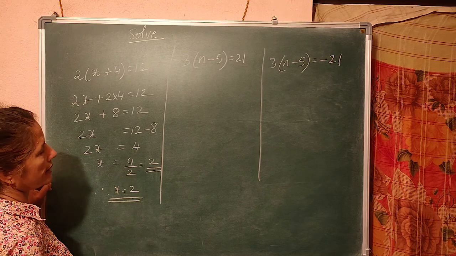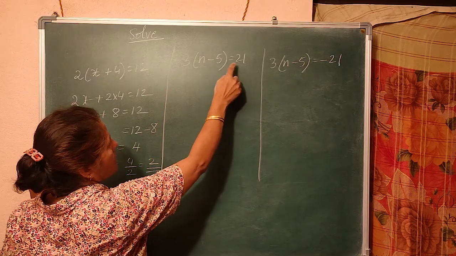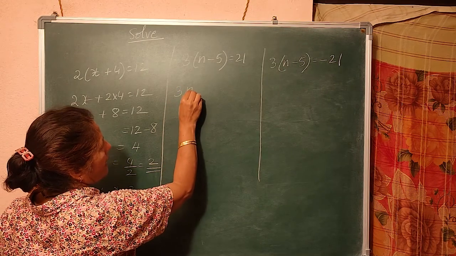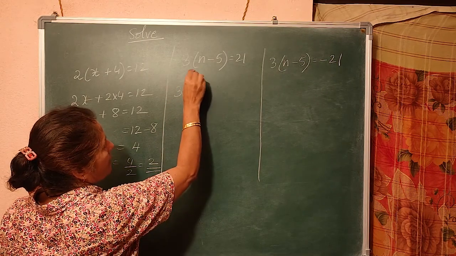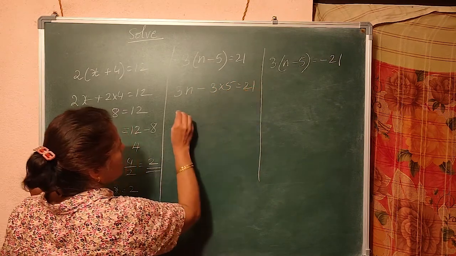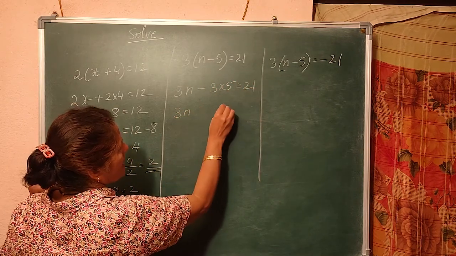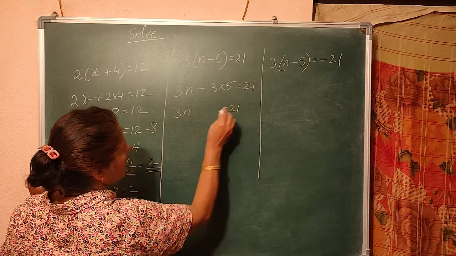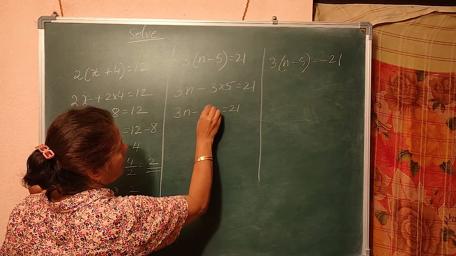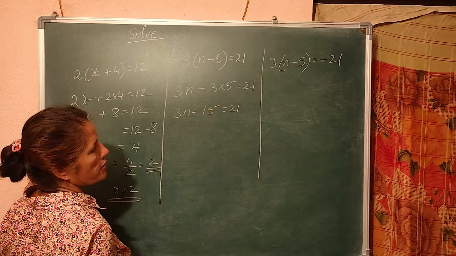Next question. 3 into n minus 5 is equal to 21. How will you simplify? 3n minus, sign is in between, 3 into 5 is equal to 21. 3n minus 3 5s are 15 is equal to 21.